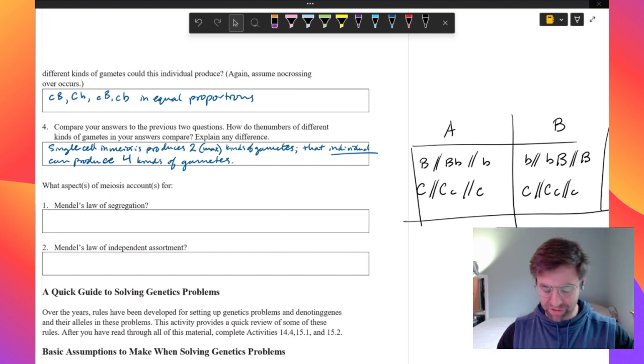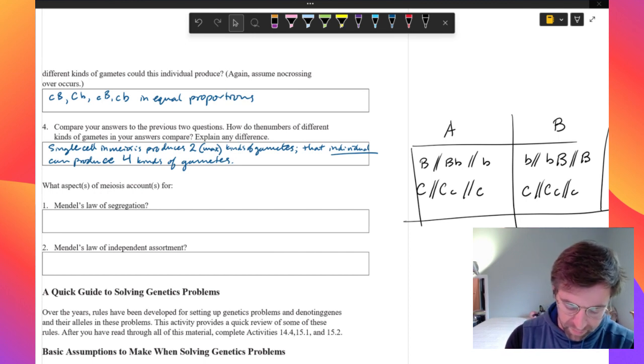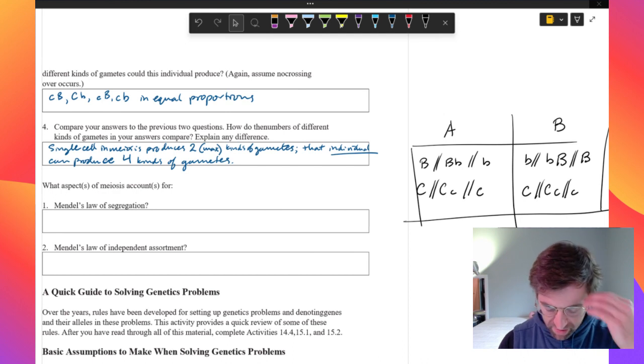Now, I just wanted to make sure that I was understanding the question properly and explaining it properly. How do the numbers of different kinds of gametes in your answers compare?